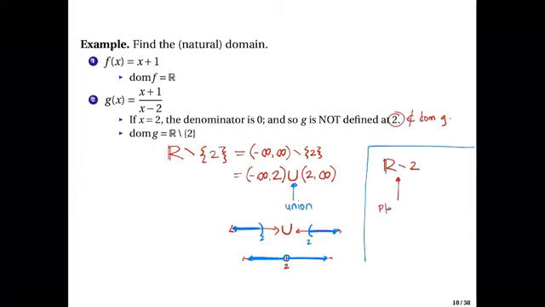Please do not use this. Or if you mean the set of real numbers except the set containing 2. Okay?